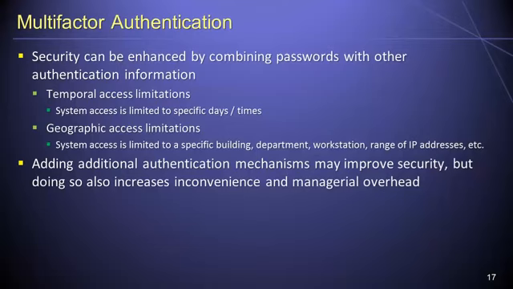From a practical perspective, however, realize that although adding additional authentication mechanisms can improve the security of the overall authentication process, doing so also increases the inconvenience of those who must authenticate themselves to the system, and it also increases costs and managerial overhead.